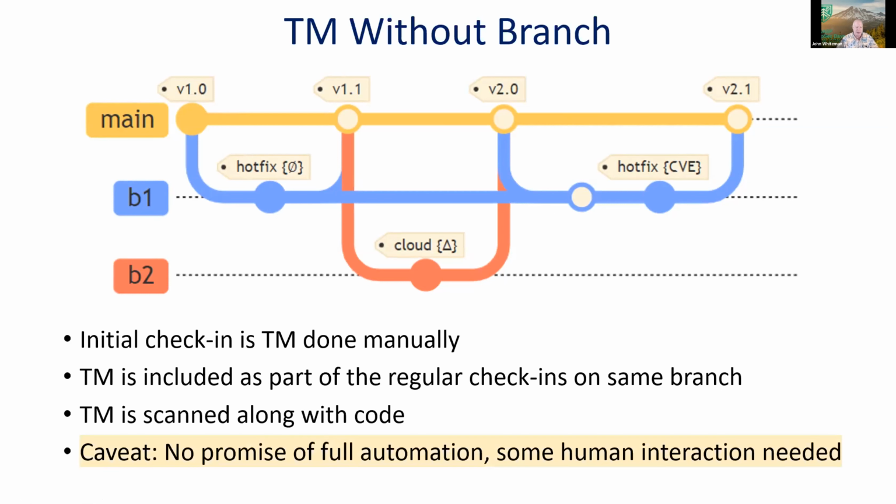And again, the caveat here is that you're going to want to check. It might not be fully automated, but at least if you have the tools in place to look for things like these deltas, along with some human interactions, it could be a pull request, for example, that might be just the threat model. Those are the things that are kind of natural anyway when we're doing it like this. This is kind of a typical scenario.